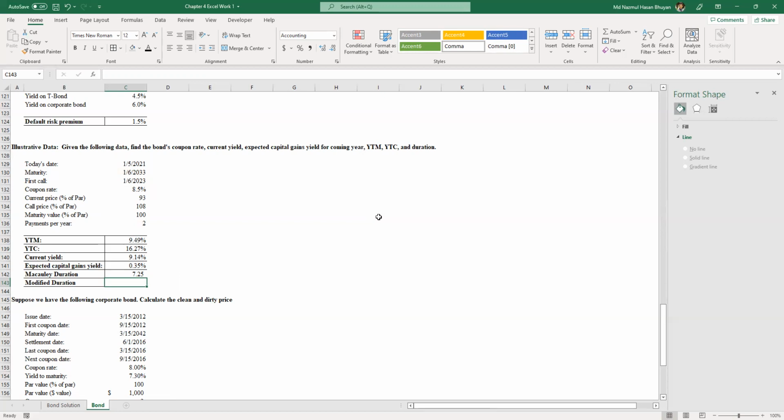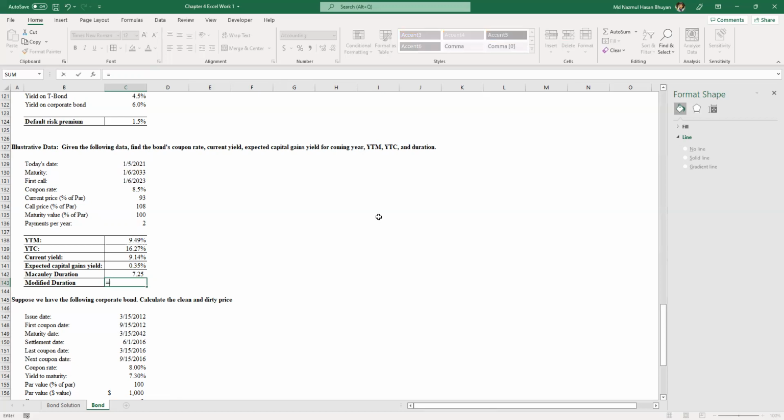precise dollar changes for 1% changes in the yield to maturity. Therefore we have another version of the duration, and that duration is modified duration. Modified duration is more efficient in calculating the dollar value changes for a bond for a 1% increase in the yield to maturity, or a 1% decrease in the yield to maturity.